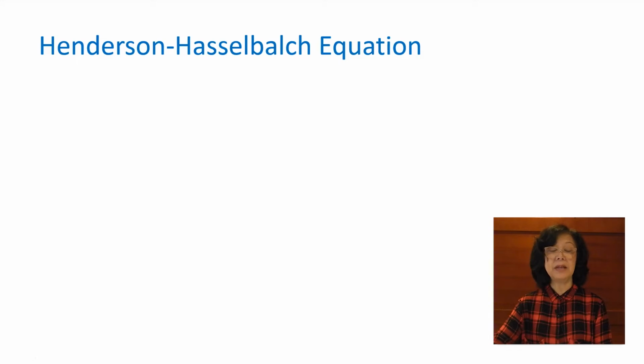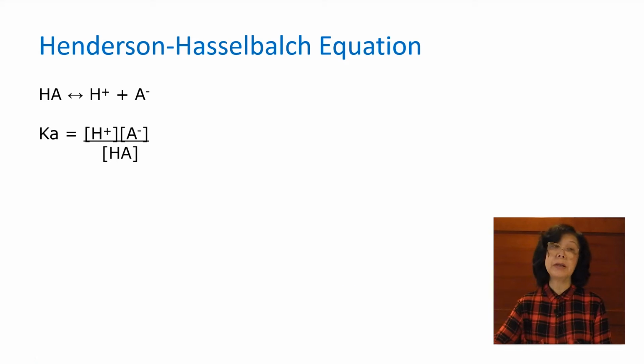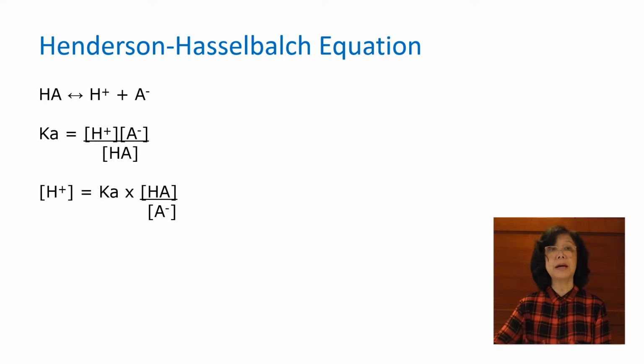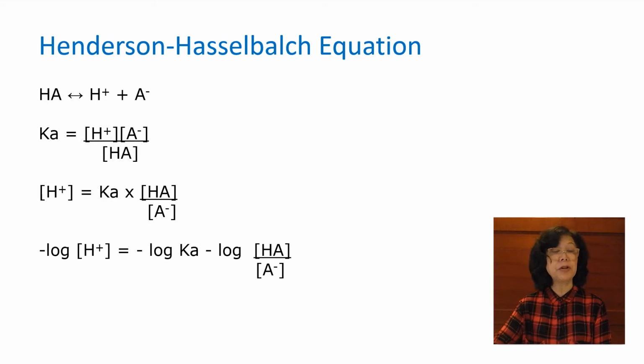Let's take a look at how we derive the Henderson-Hasselbalch equation. So here is the equilibrium of the ionization of the weak acid to form H+ and A-, and we write the K expression equal to product concentration over reactant concentration. Now we rearrange the terms so that we can express hydrogen ion in terms of the rest of the species. And then we take the negative log of hydrogen ion because we want to convert it into pH, which is equal to the negative log of Ka minus log of the ratio of HA over A-.